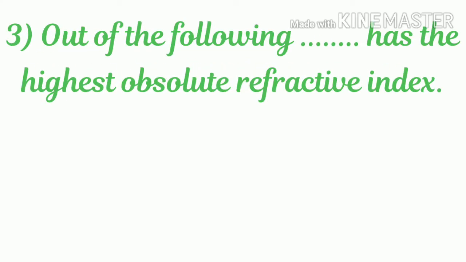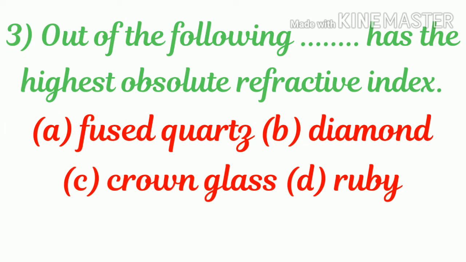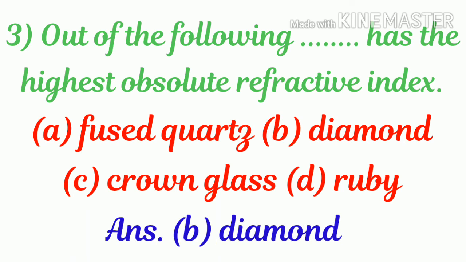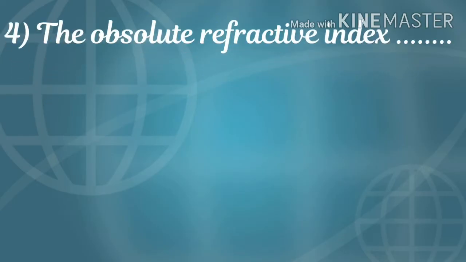3. Out of the following, dash has the highest absolute refractive index, and the options are A. Fused quartz, B. Diamond, C. Crown glass, D. Ruby, and the correct answer is option B. Diamond. 4.